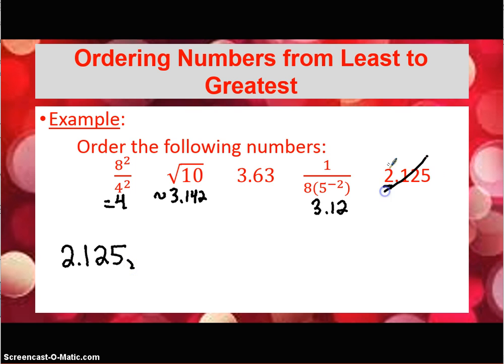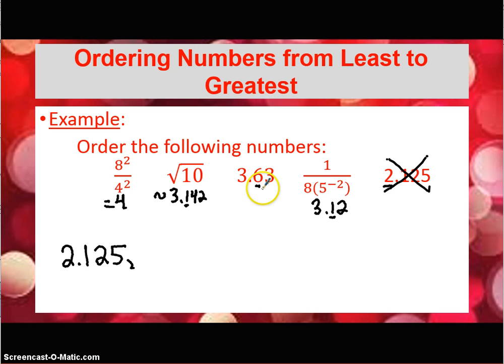Okay? Now, look at the remaining numbers in the set and find the next smallest. Now, if we look at the whole numbers, we see 4, 3, 3, and 3. Now 3 is smaller than 4, so now we have to decide between these ones, which one is the smallest. So now instead of looking at the whole number column, let's look at the tenths. So we have 1/10, 6/10, and 1/10.